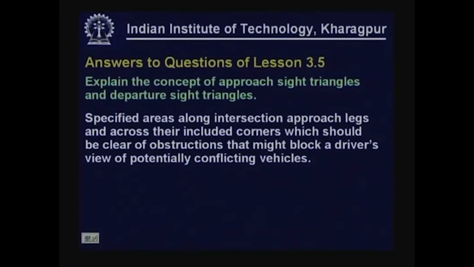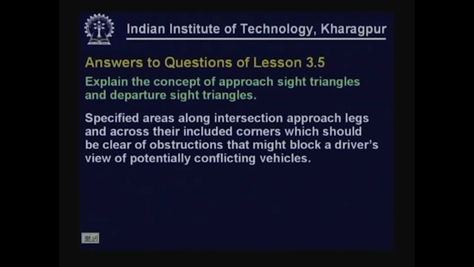Now, I shall quickly try to answer the questions which were raised during lesson 3.5. Explain the concept of approach side triangles and departure side triangles. Let us see what the side triangle is. Side triangle is the specified area along intersection approach legs and across their included corner which should be clear of obstructions that might block a driver's view of potentially conflicting vehicles.